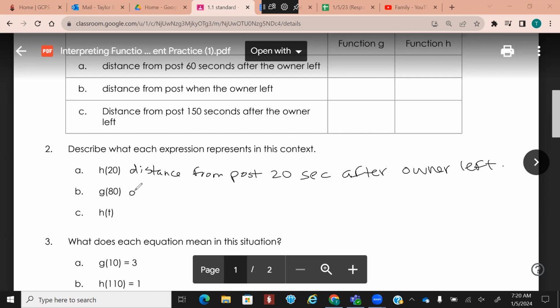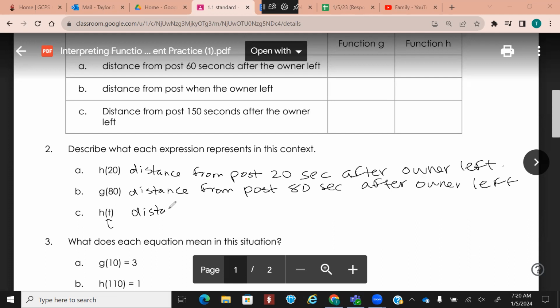On the next one, exact same thing. We're just changing that 20 to be 80. And then part C just tries to trip us up, but all we're going to do is replace that 80 with a t.